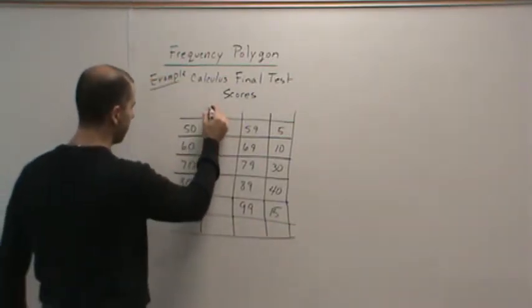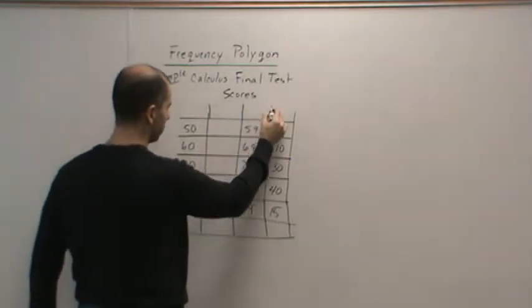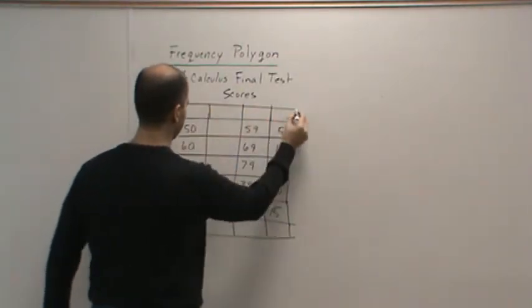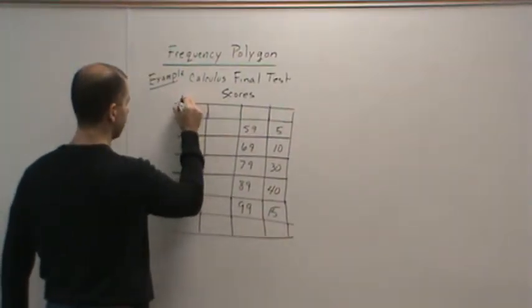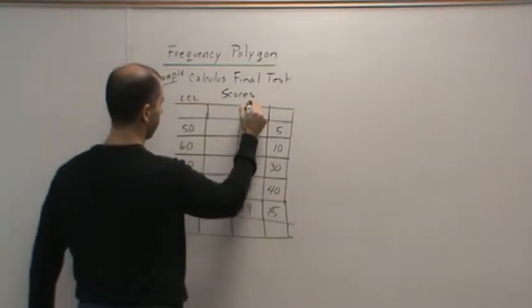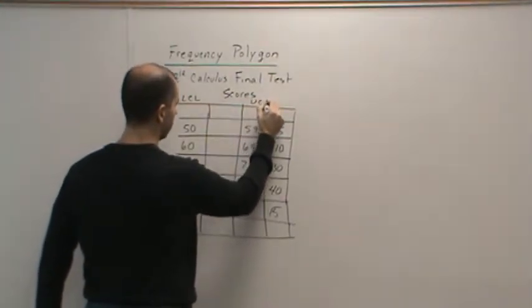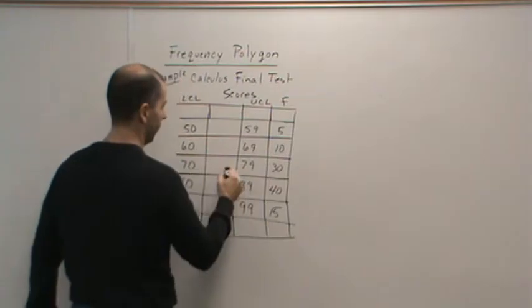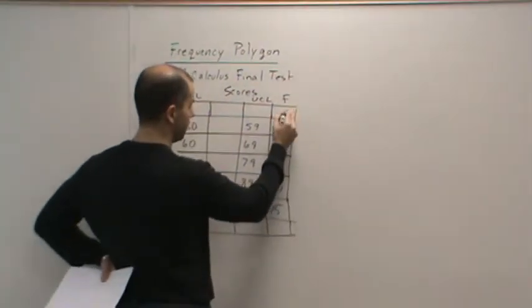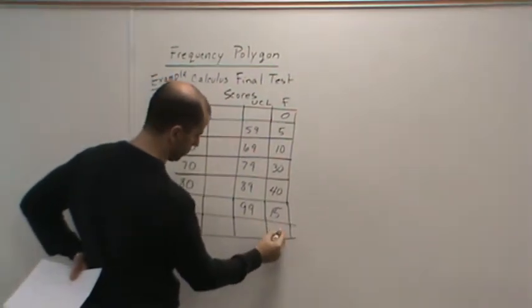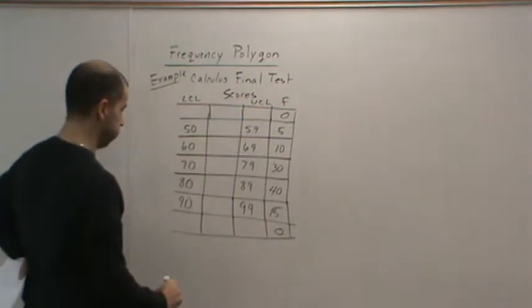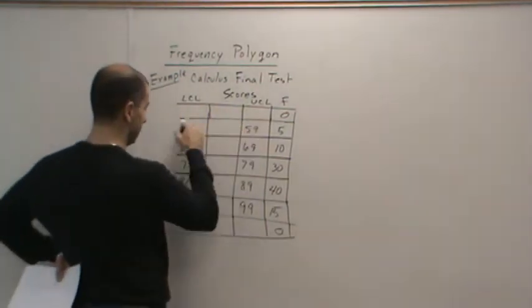And it's not going to mean anything other than just for a placeholder. So again, here's the lower class limit, upper class limit, and frequency. So what's the frequency going to be for this one? 0. What's the frequency going to be for this one? 0.